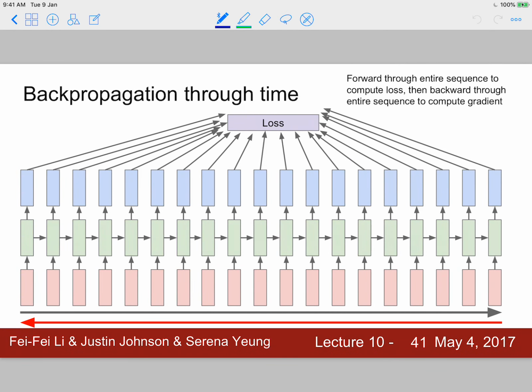And our XT is over here, and WHH, which is our square matrix, and we have our HT minus 1, right?